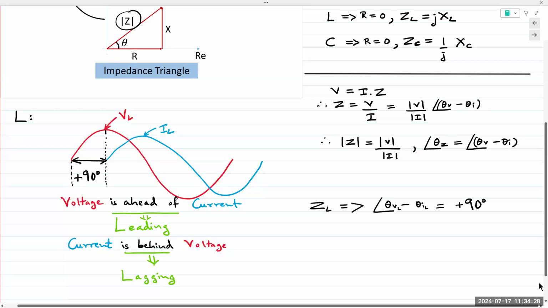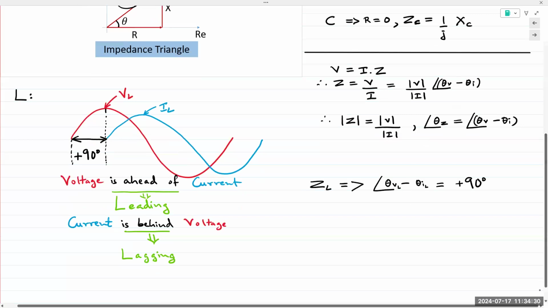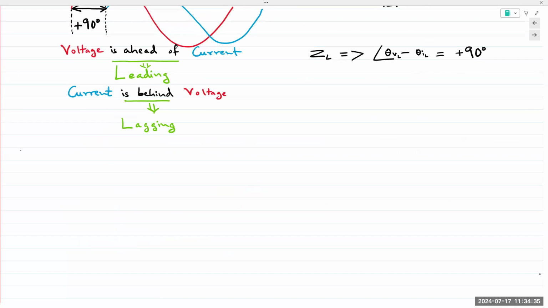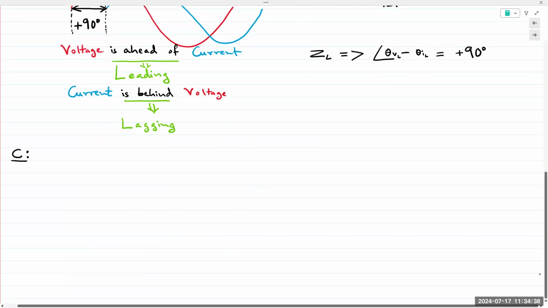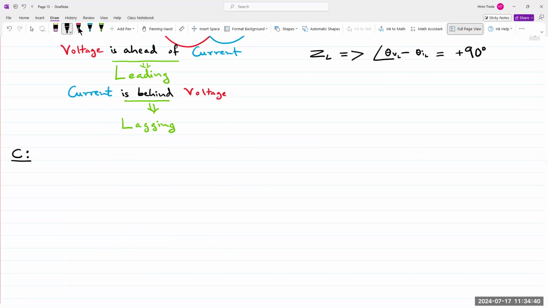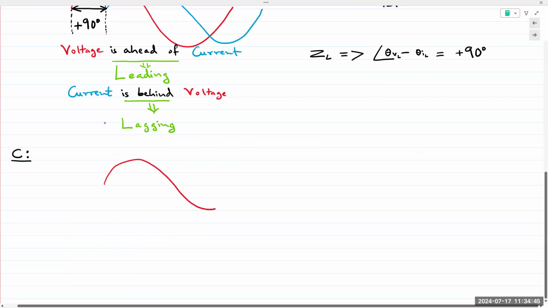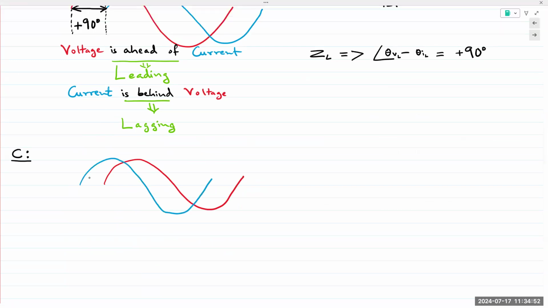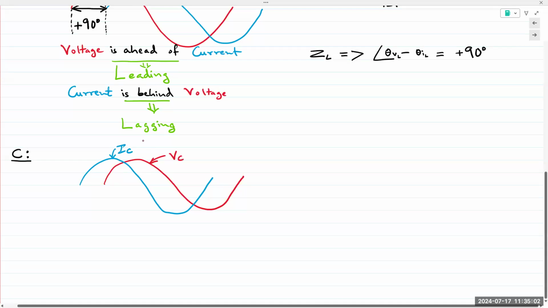For a capacitor, it's the exact opposite. For a capacitor, I'm going to draw this out here. Capacitor current IC is always ahead of its voltage, VC.